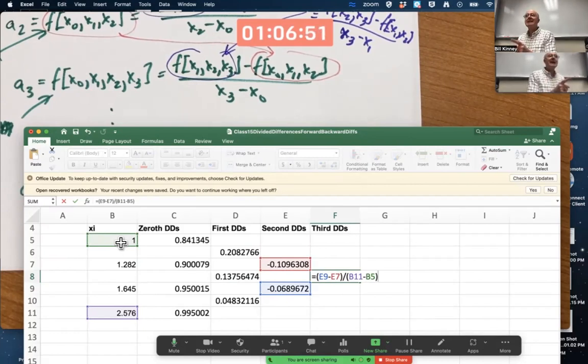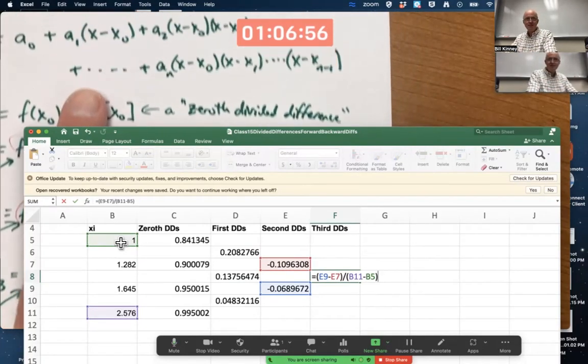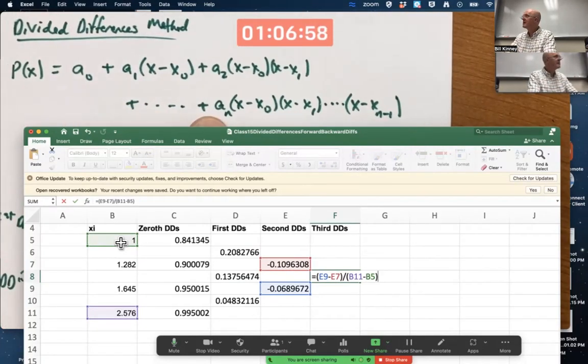I do get different A's and a different form for this polynomial because I've rearranged the nodes and relabeled them. But you still get the same numerical approximation in the end. And in fact, you get the same expanded polynomial if you simplify it. Just amazing that it works.